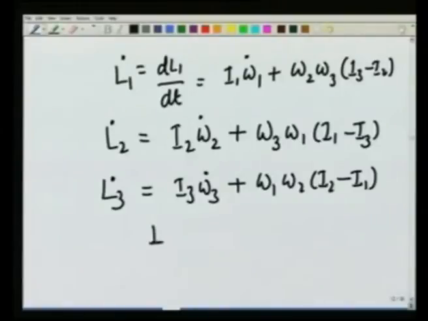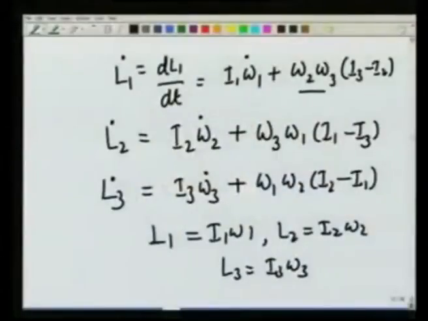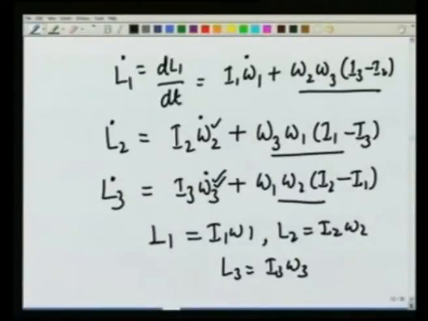Although L1 is equal to I1 omega 1, L2 is I2 omega 2 and L3 is I3 omega 3, because as the body rotates, L also rotates about omega, that causes these changes, and in addition the change of omega itself causes these changes. The net is the sum of these two, and therefore this is how the components of angular momentum along the three axes change.